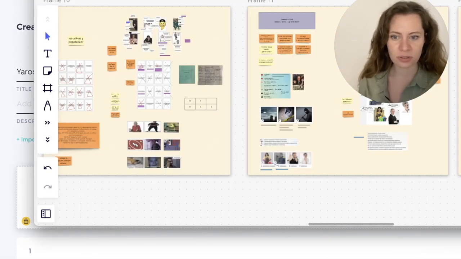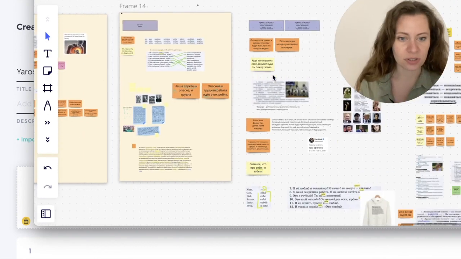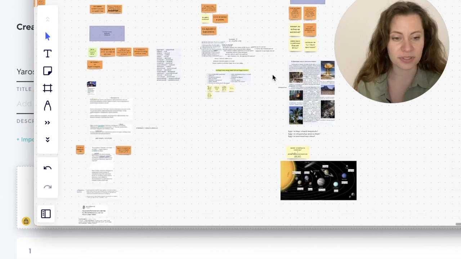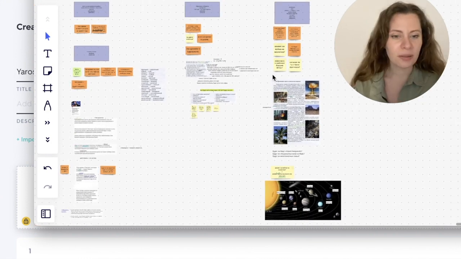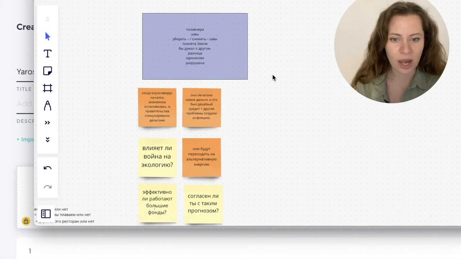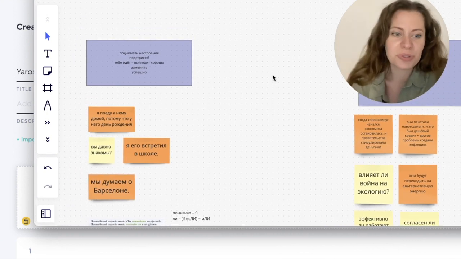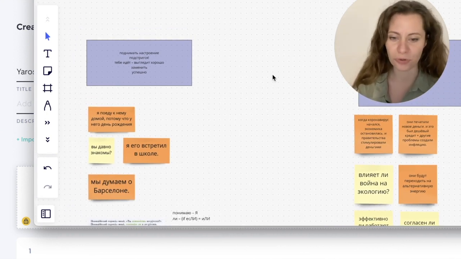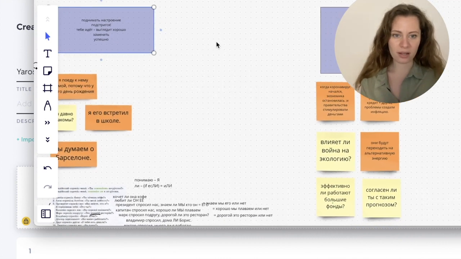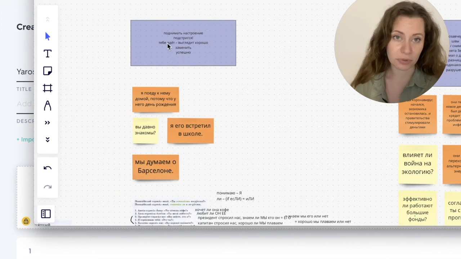We're using a Miro board. You see, it's just a board with such a mess. In the beginning of every lesson, we have a short small talk about how was your week, what were you doing, how do you feel, and so on and so forth. And there is this block with new vocabulary.